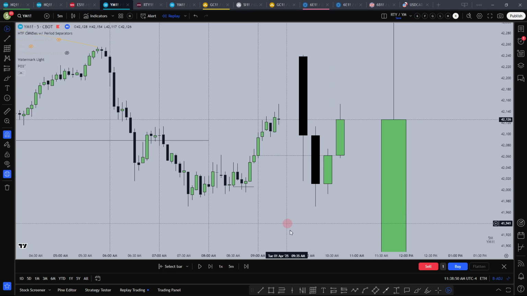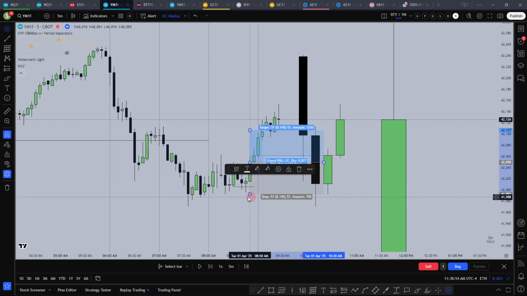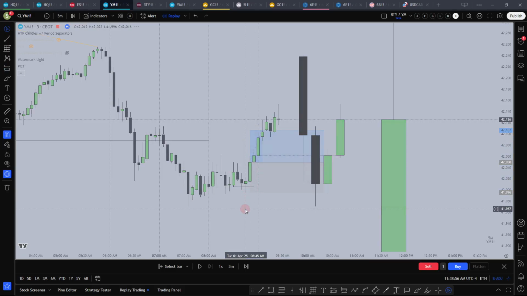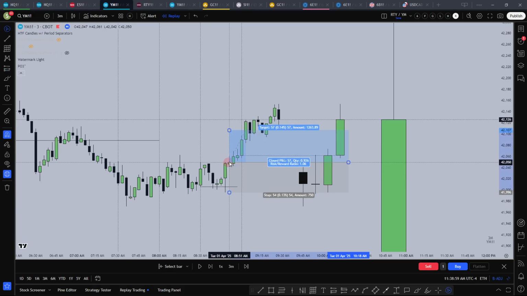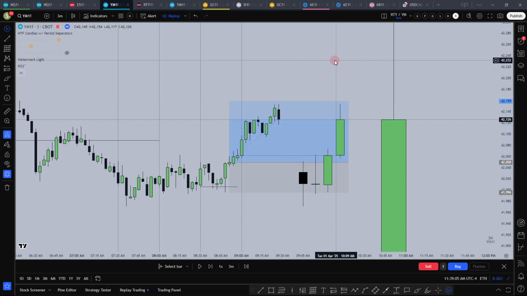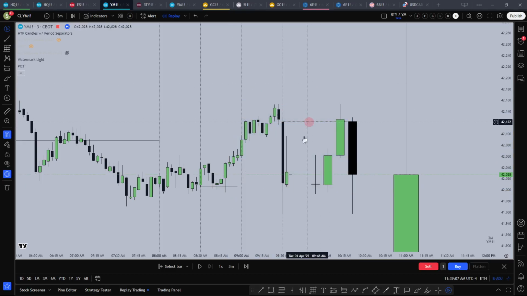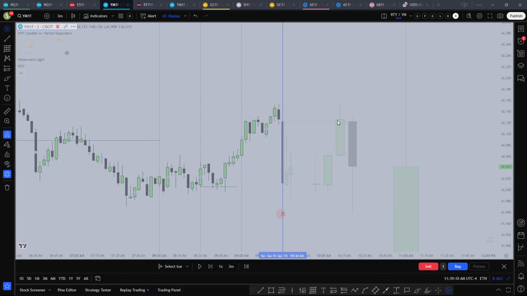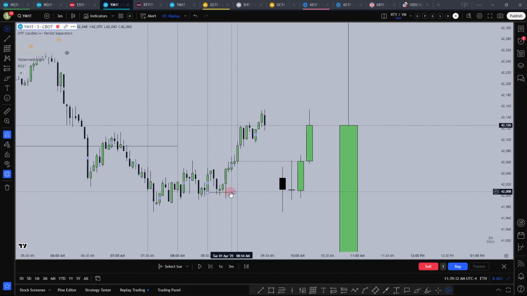Yes, not too good, but can use this as an entry or refining it to M3. Can use this in terms of entry. 2R, I don't think gets hit. Yes, nope. So NQ was the best asset if you were to long, which I did.